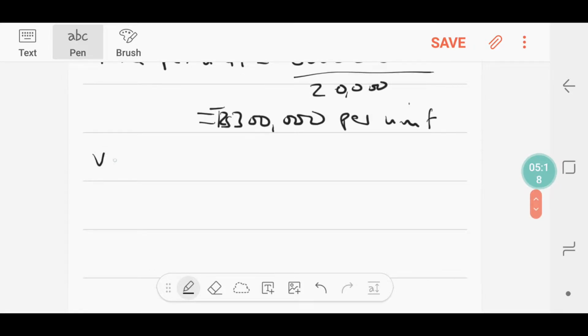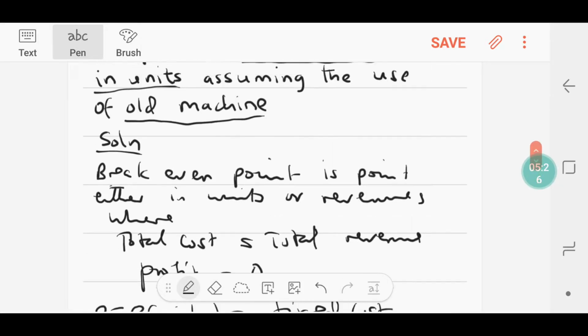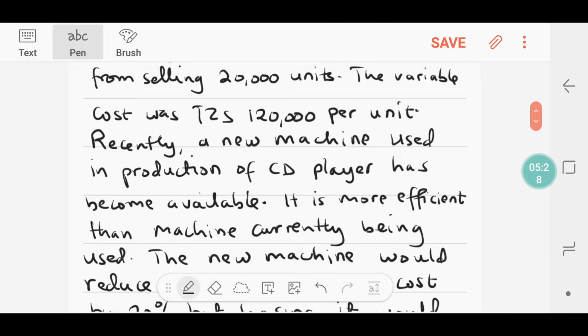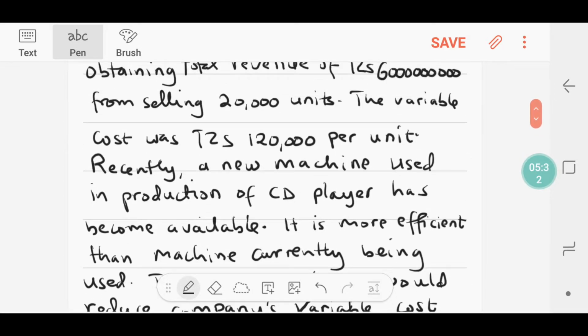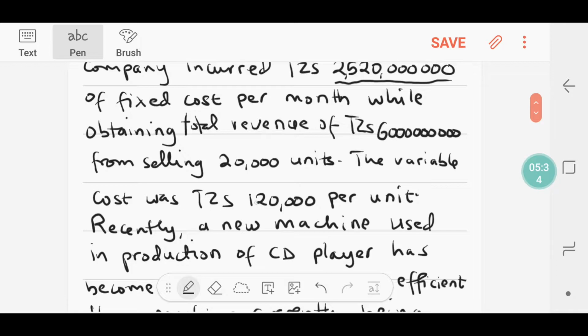Variable cost per unit has been given in the question. Let's go and look for it. The question says that by using the old machine, the company incurred shillings 120,000 as variable cost per unit.